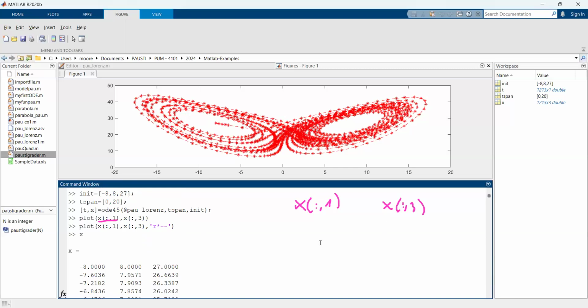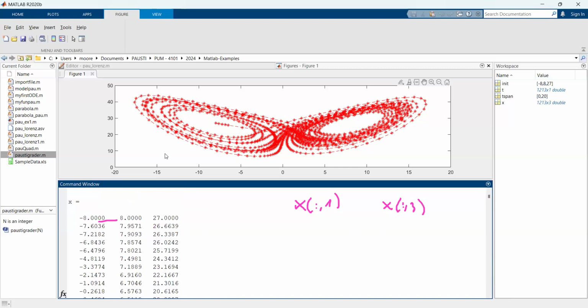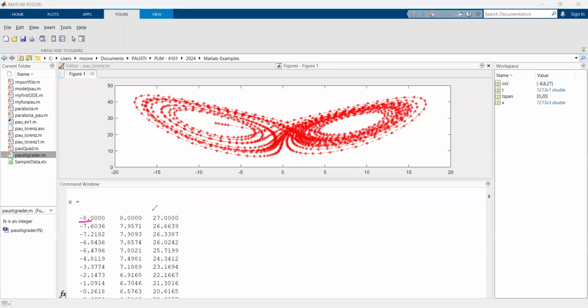Because what we do is we take the initial conditions that we started with. We said that init was equal to -8, 8 and 27. Those are the initial conditions, where the simulation starts from.